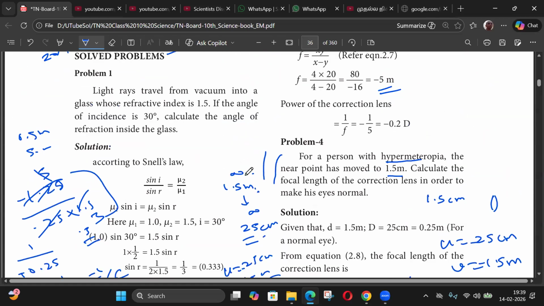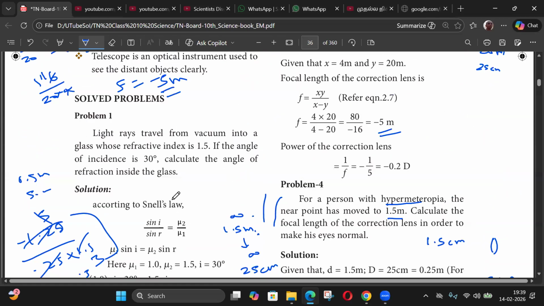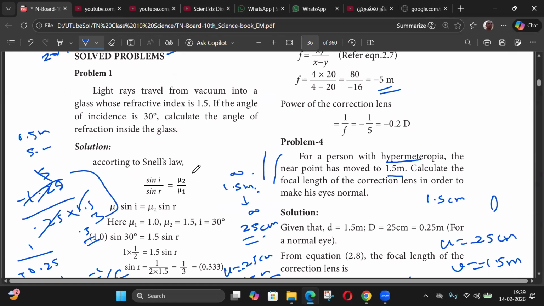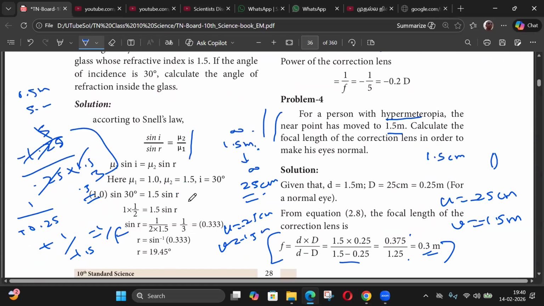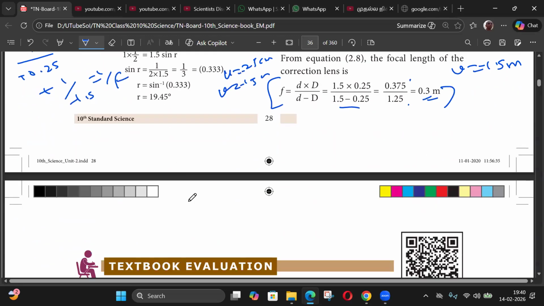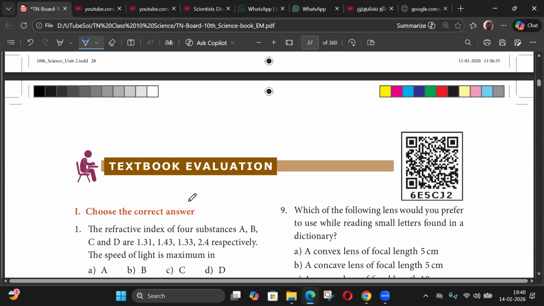This is a simple Snell's law. There is one confusion where you can get confused. Take this interface, air and glass. Which one is denser for light? Glass is denser. So if this is the normal, if light comes like this, it'll go towards the normal.